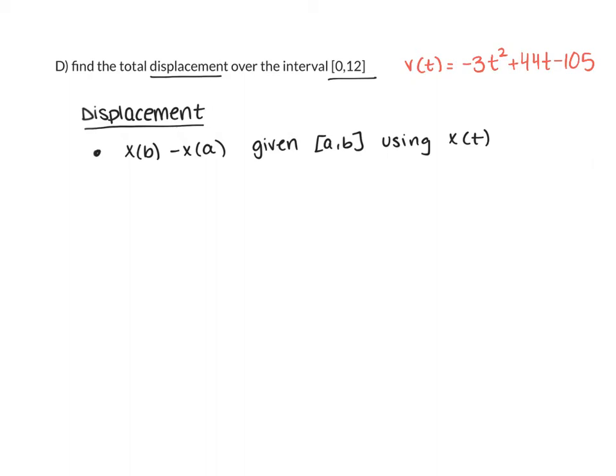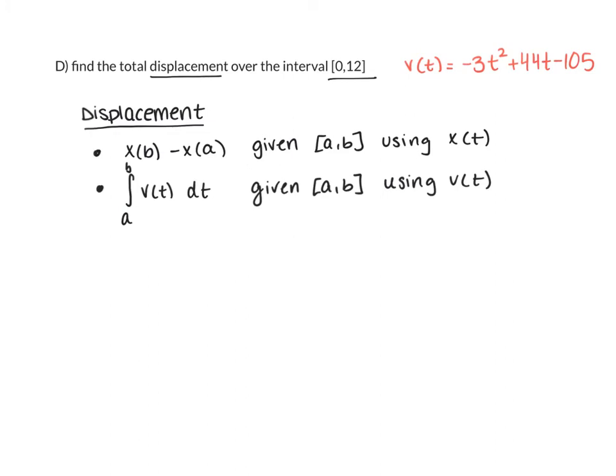That formula is the integral from a to b of v of t dt, when we are given the interval from a to b, but this time we're using our v of t function. Because our information was v of t, I'm going to solve displacement using this formula below.